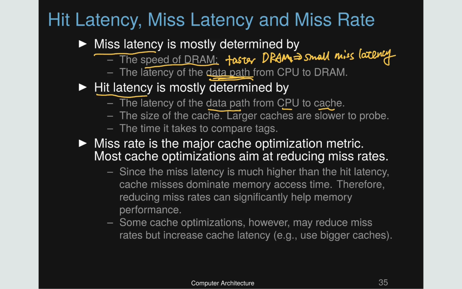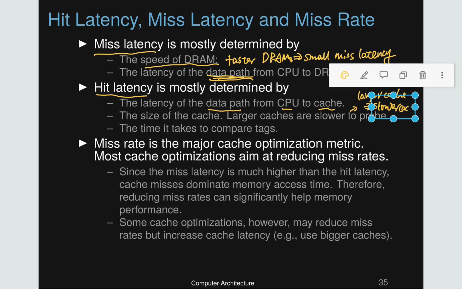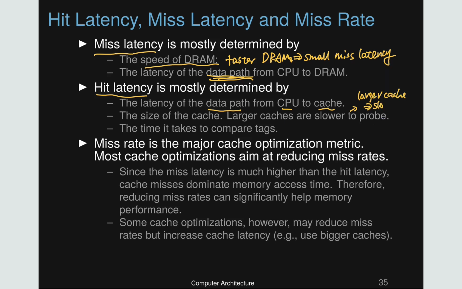And hit latency is also dominated by the size of the cache. Basically, a larger cache will indicate a longer hit latency, because if it's a larger cache, then there are more cache lines, more frames that we have to compare.